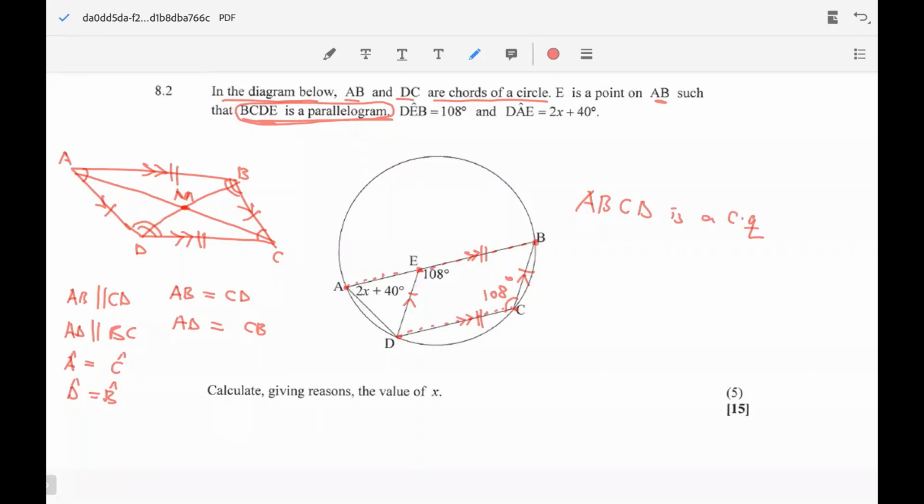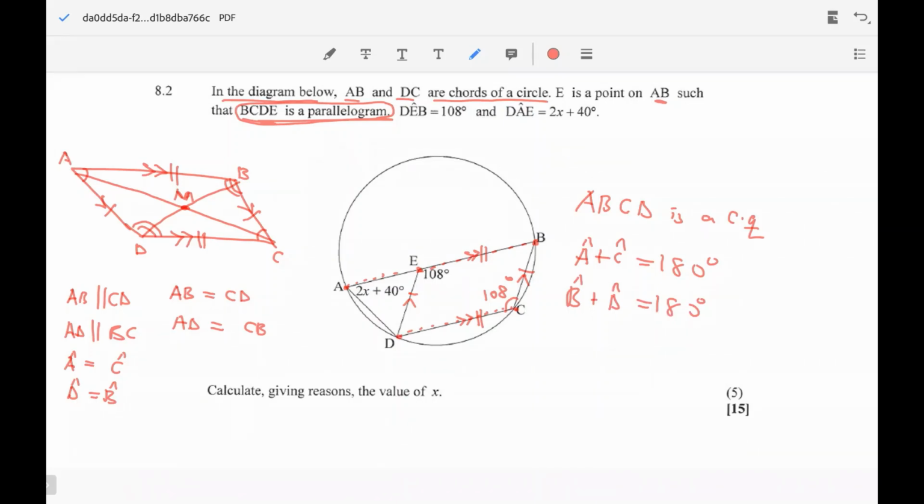And since it is a cyclic quadrilateral, the opposite angles should be supplementary, meaning angle A plus angle C should equal 180 degrees. Similarly, angle B plus angle D should equal 180 degrees. So this is the analysis we have got from the diagram.